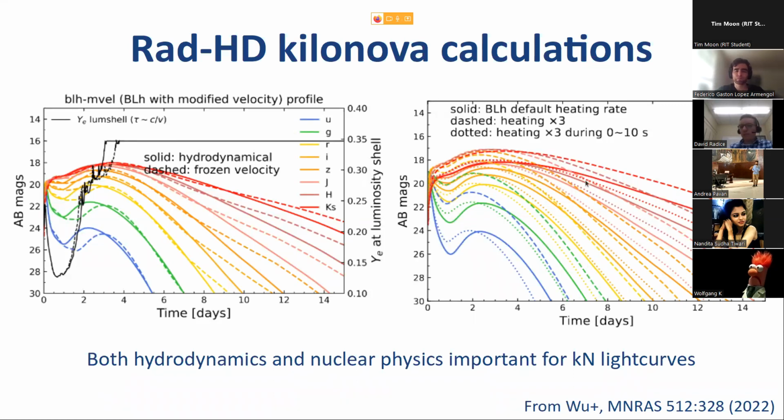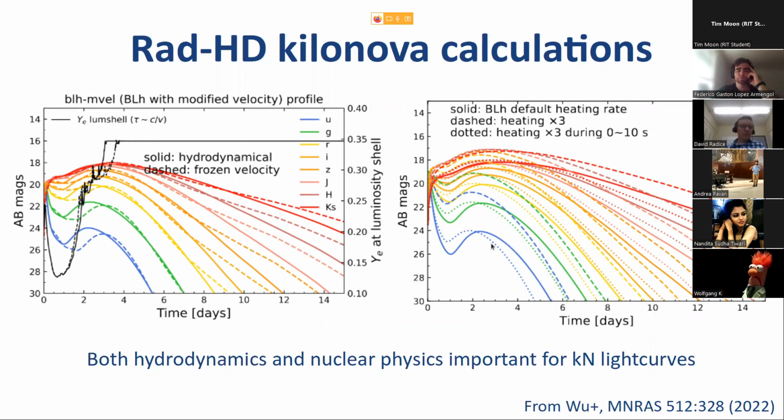Similarly, and somewhat surprisingly, we find that if we change the heating rate in the ejecta by a factor of 3 in the first 10 seconds, and so this is spanning the current range of uncertainties in the nuclear physics, this can have an impact on the luminosity even days after merger.